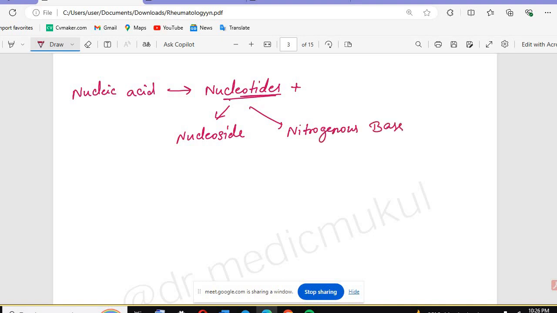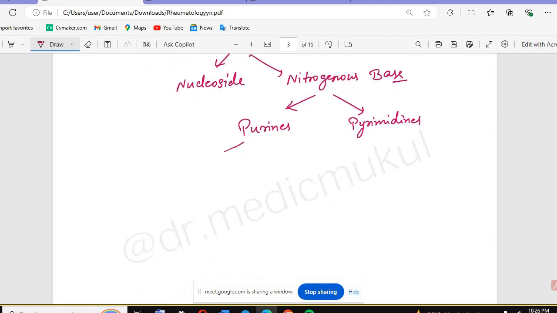Here if we talk about the nitrogenous bases, there are two types. We have the purines and we have the pyrimidines. If we talk about the purines, we have two types of purines, that is adenine and guanine.